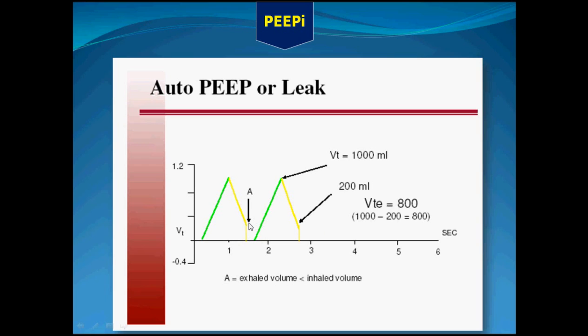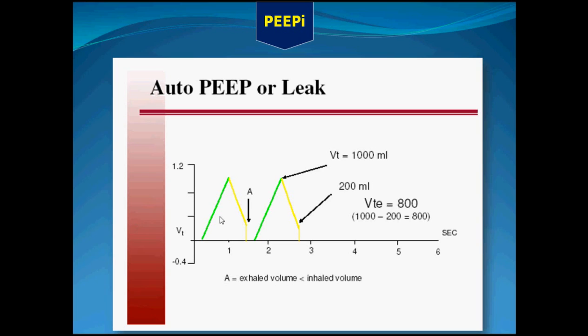If it is auto PEEP, it will not be persistent, because part of the tidal volume will be trapped, and with the second tidal volume a lesser part will be trapped, and so on. Finally, all the tidal volume which is inspired will be expired after we reach a steady state, where the alveoli will be hyperinflated and the elastic recoil will be large enough to exhale the inhaled tidal volume. This is what we call steady state.